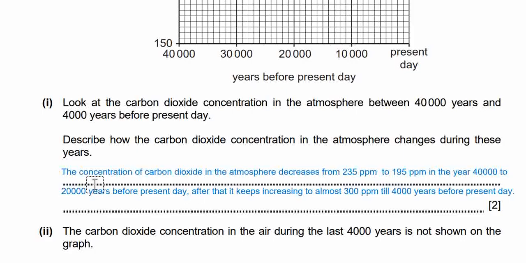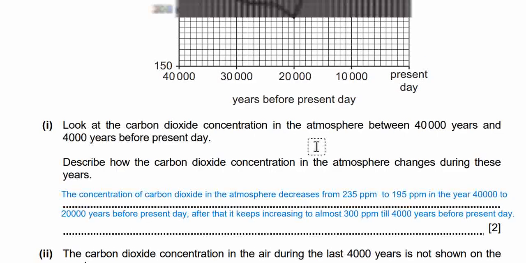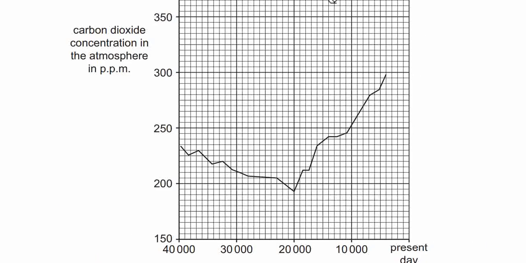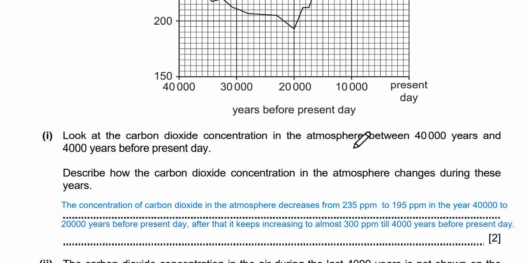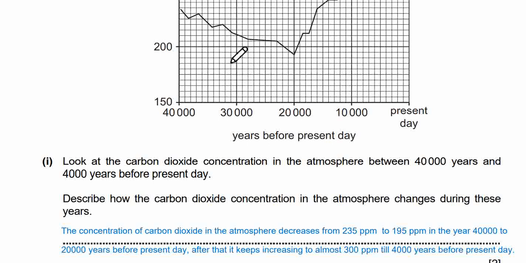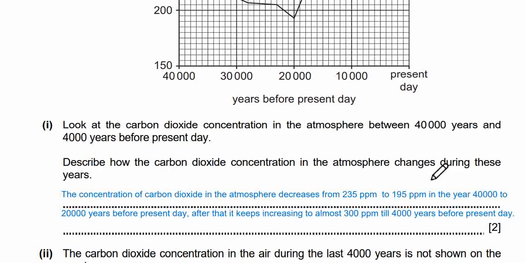So we answer: the concentration of carbon dioxide in the atmosphere decreases from, we see this one is around 235, to the lowest peak around 195 in the year 40,000 to 20,000 before present days.